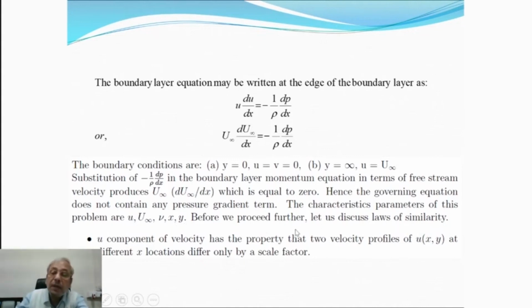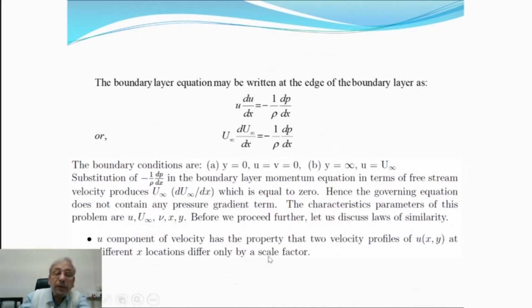Before we proceed further, we will discuss a little about the laws of similarity, because the Blasius solution is also called a similarity solution, and we will solve this problem with respect to two similarity variables.